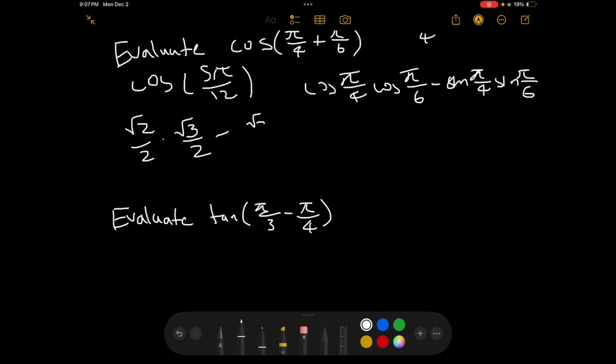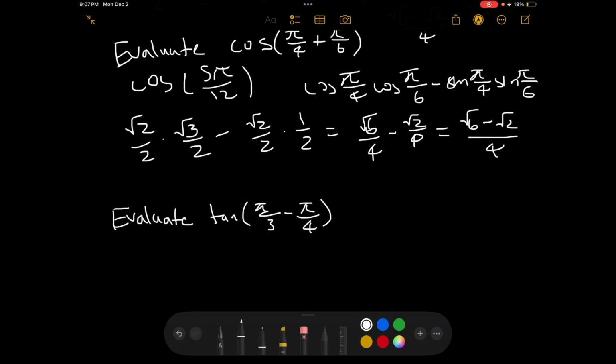Sine of pi over 4 is root 2 over 2, and multiplying this by 1/2. So this is root 6 over 4 minus root 2 over 4. Oh, sorry, this is 4. And this is just root 6 minus root 2 over 4.